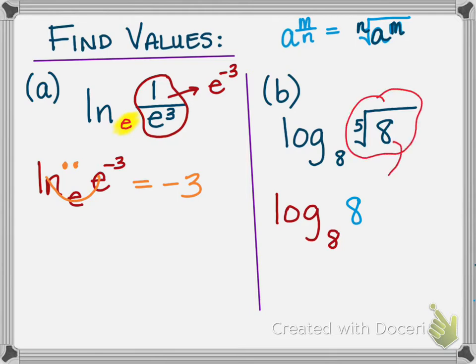Well, let's go do it over here. I'm going to write the 8. I'm going to write this number, which is a 1, over. I'm going to write this number, which is a 5. So I'm following this rule up here. A to the M over N, okay?